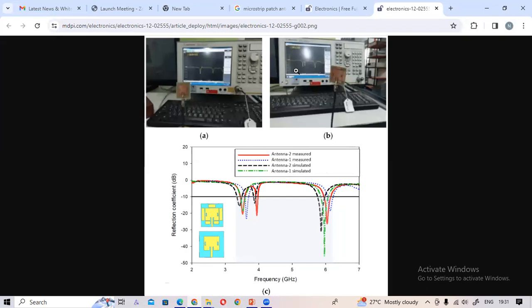If you have done the microwave subject, you should know this. This instrument we use to measure S parameters.